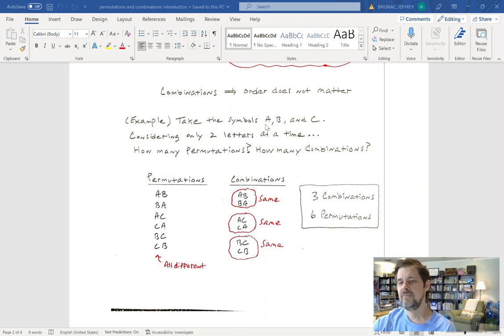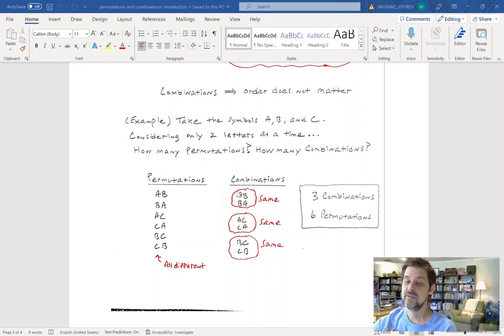So I'm going to have my 3 letters, and I'm going to take 2 at a time. Here's all the permutations: AB, BA, AC, CA, BC, CB. Those are all different because permutations are distinguished by order. But in terms of combinations, AB and BA are the same, because in combinations the order does not distinguish them.